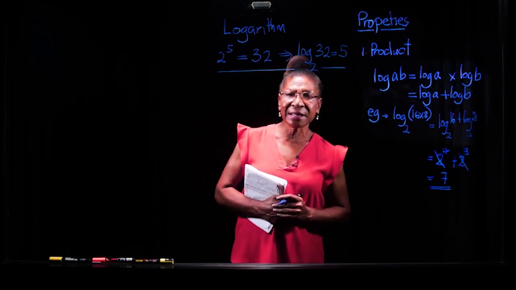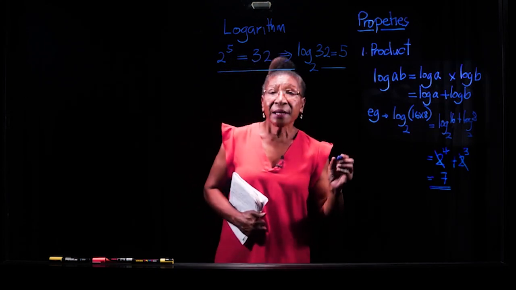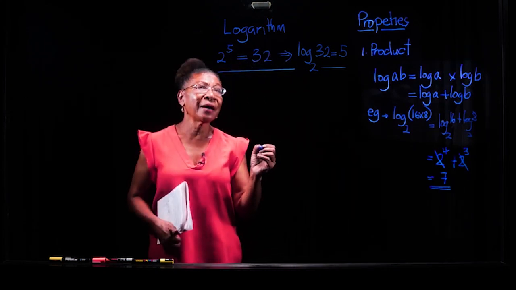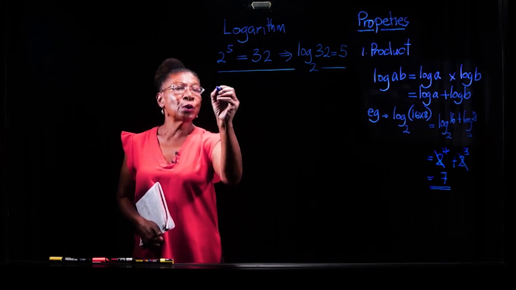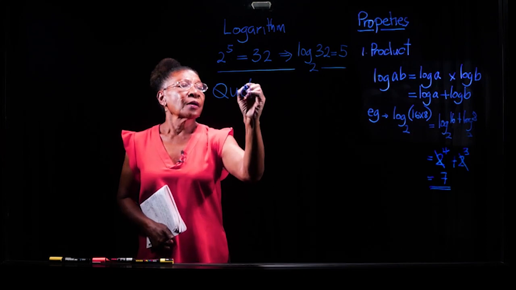Let's look at the second property, property number 2. In that case then, we would have the second property known as the quotient.